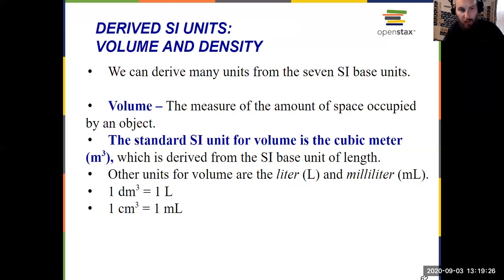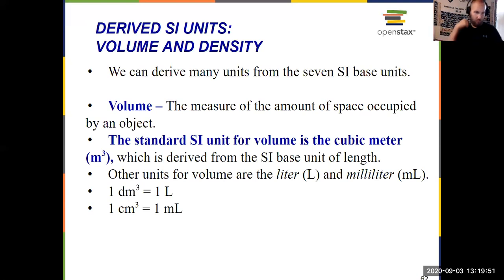Volume, for example, doesn't get a base unit because we can derive a unit from it. Thinking about what volume is, length times width times height, if we already have the meter for the standard length, then the derived unit for volume is meter cubed. Just meter times meter times meter.